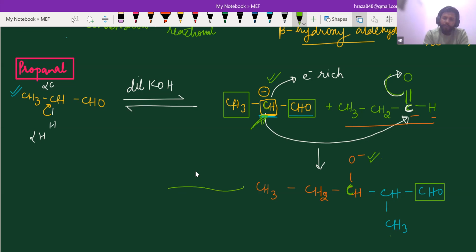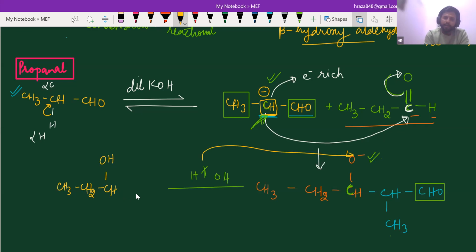Okay, now you are going to add H2O, that means H plus or OH minus. So what will happen? This attacks directly here, positive goes to negative. This is CH3 as it is, this is CH2 as it is, this is CH, and on this there is OH, and this is CH3 as it is, and this is CHO. Now as you can see, this is your main functional group.